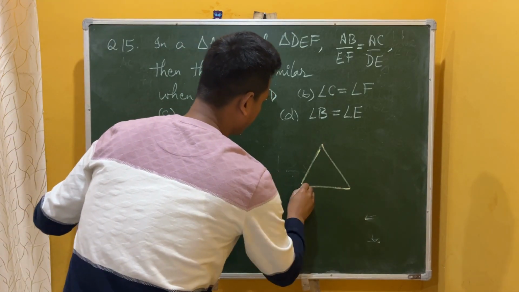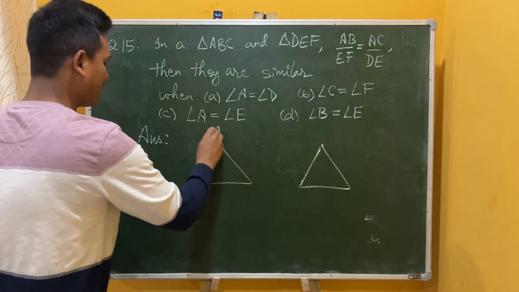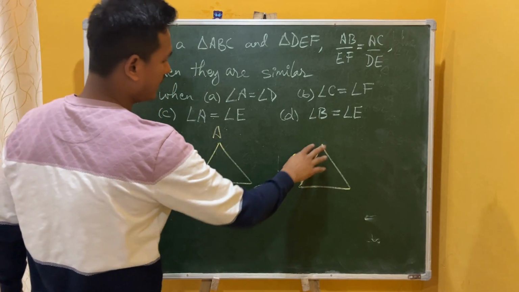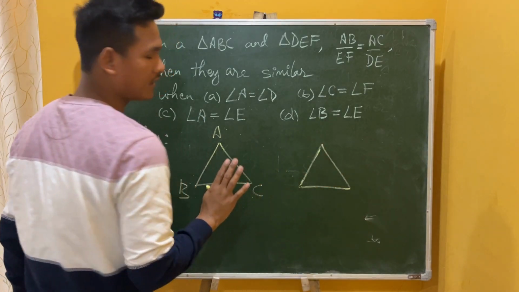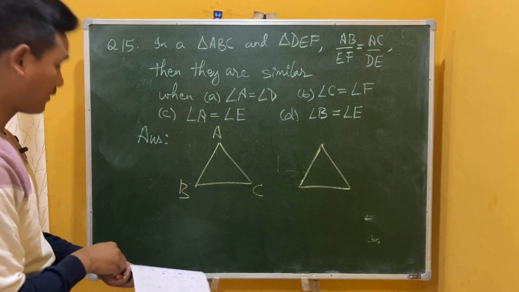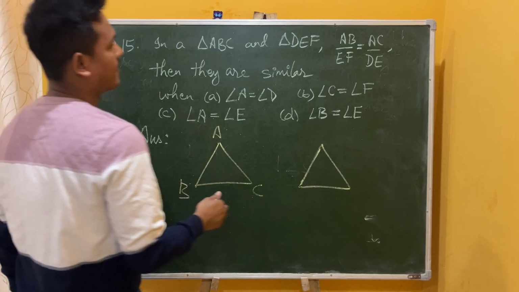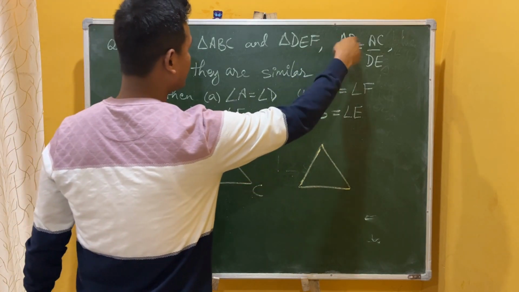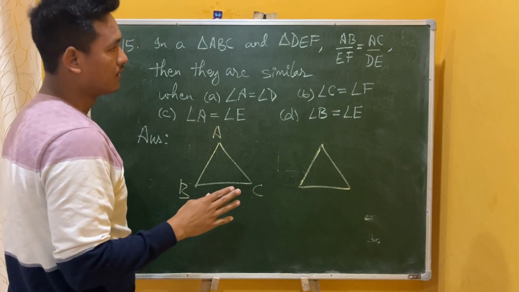Let us quickly draw the two triangles, and let's say this is ABC. Well, I'm not going to name the other triangle DEF instantly. Why? Just look here. The corresponding sides are in proportion.